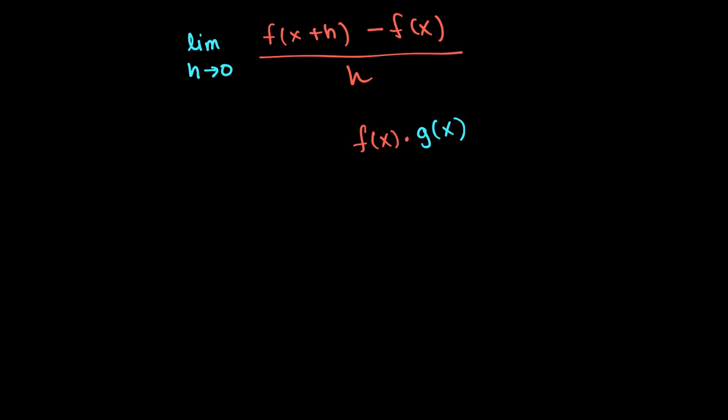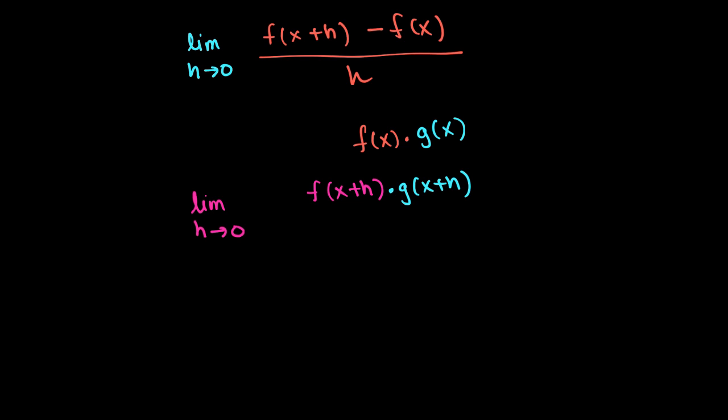I will write limit as h tends to 0 for f of x plus h, and then times g of x plus h, and we had the f of x subtracted, but in this case it would be f of x times g of x subtracted.